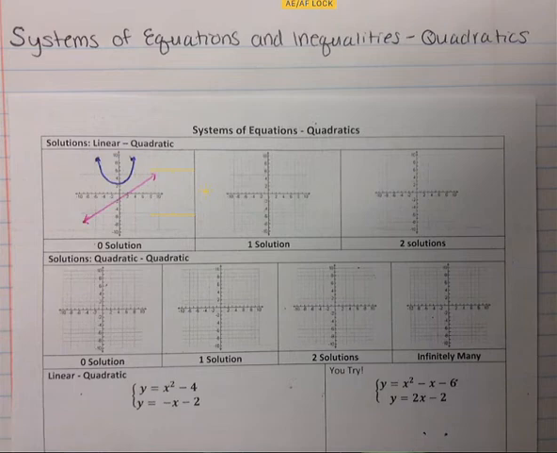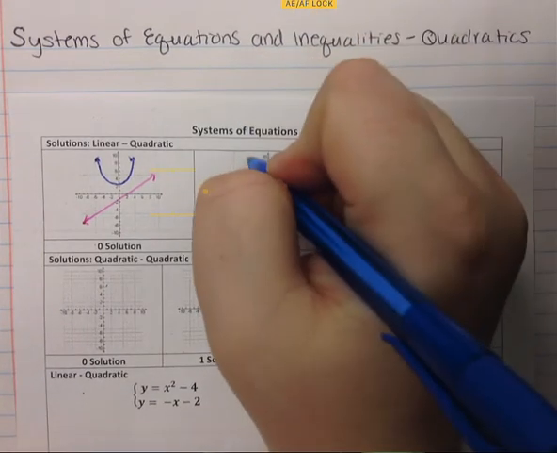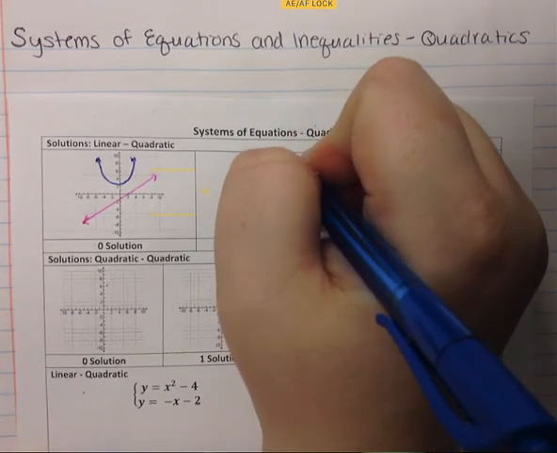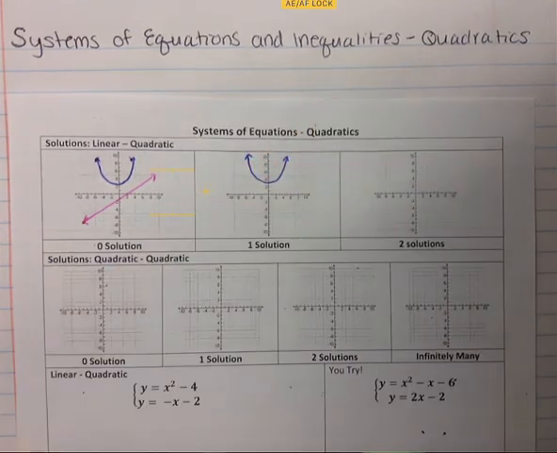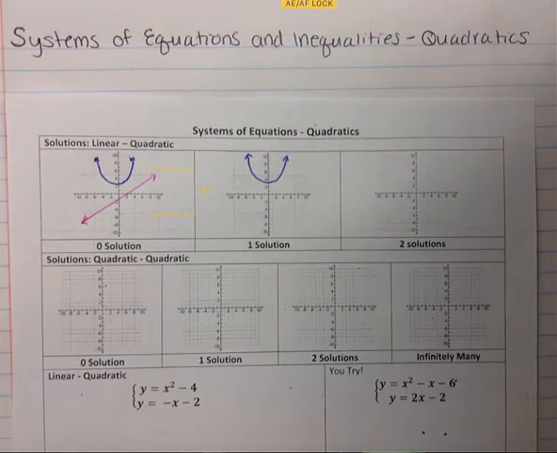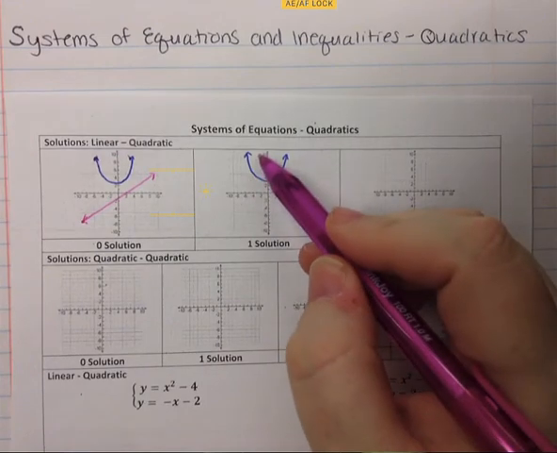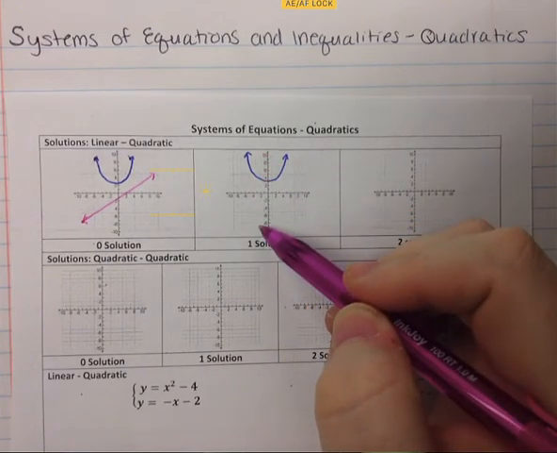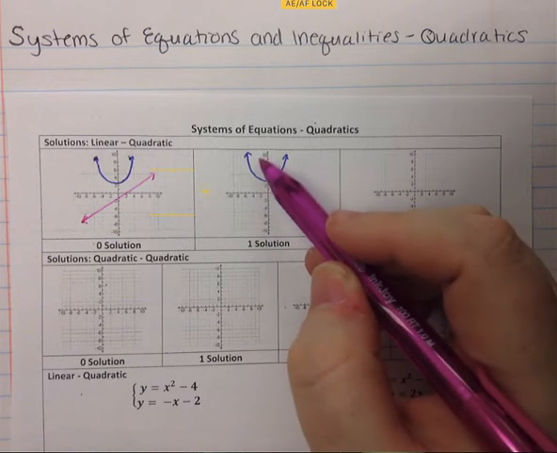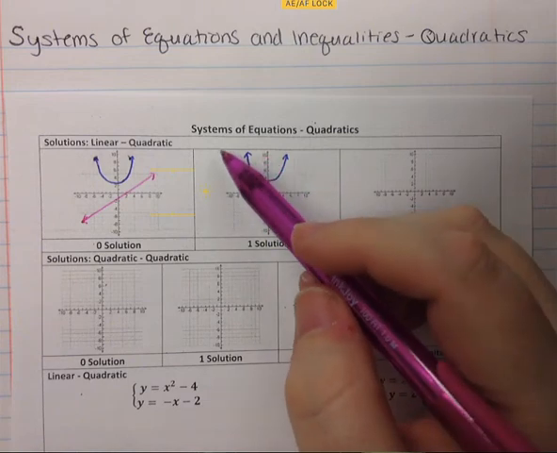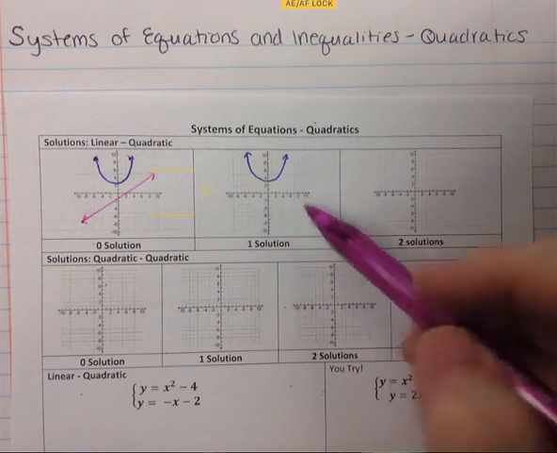To have one solution, there are a couple of ways. I'm going to draw my basic parabola again. Now, for one solution, you can have a vertical line going through the parabola. However, a lot of times you'll see a line that will just touch the parabola.